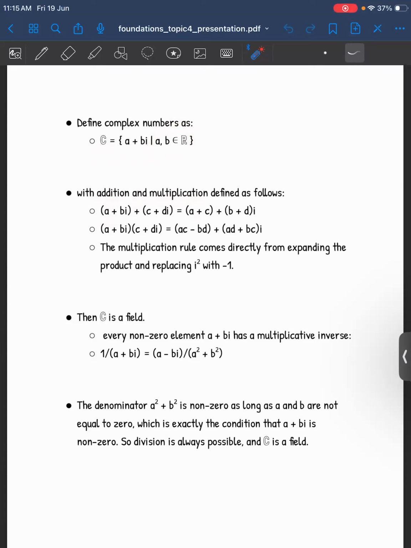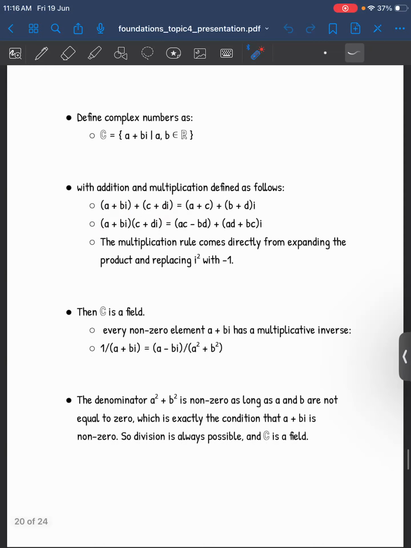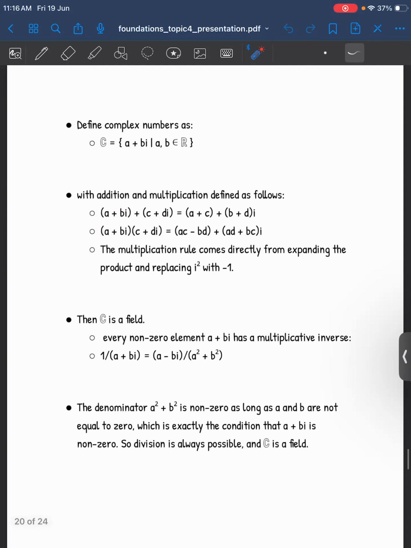So we add the real parts and the coefficients of the imaginary part, the coefficient of i, the element that gets multiplied with i for each of the elements. And we define multiplication as usual. So the elements are each the addition of two real numbers, and you're multiplying those two elements.